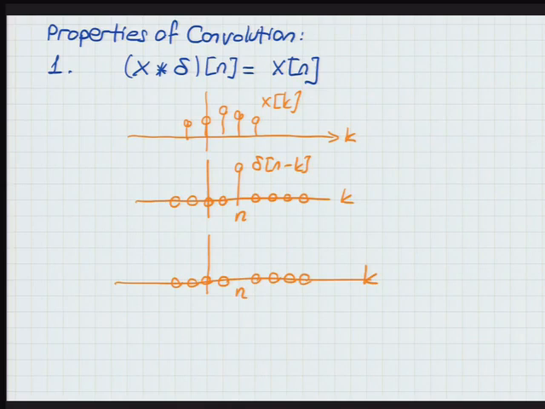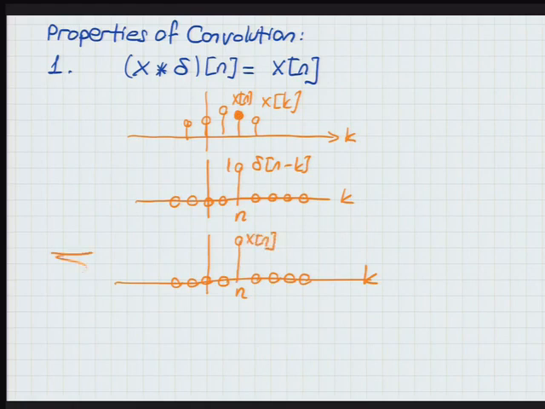And what's the value there? X of n, because delta itself has unit value, it's the unit impulse, right? 1 multiplied with x of n is the value of that particular signal at that time, right? You'll get x of n, right?